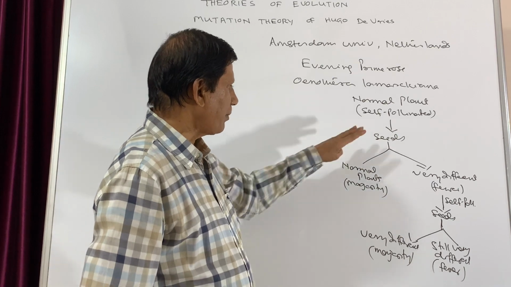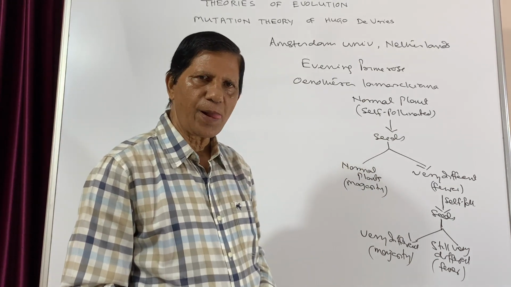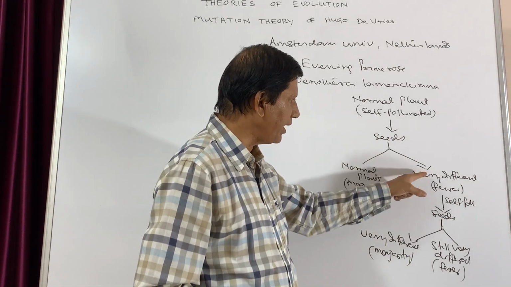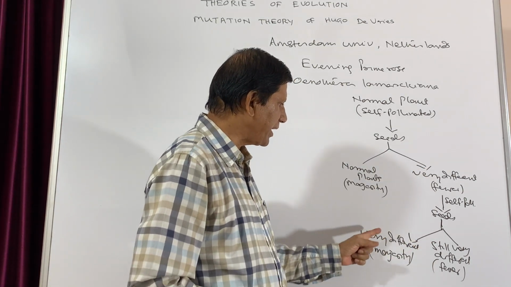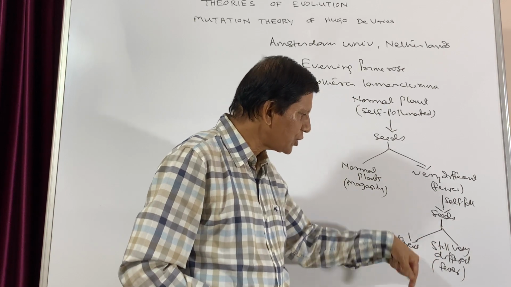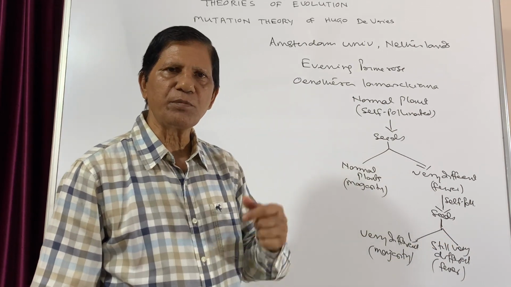That means from the normal plants, these were originated. But when some plants were very different, when they were self-pollinated, from them very different and still very different, two types of plants were produced.